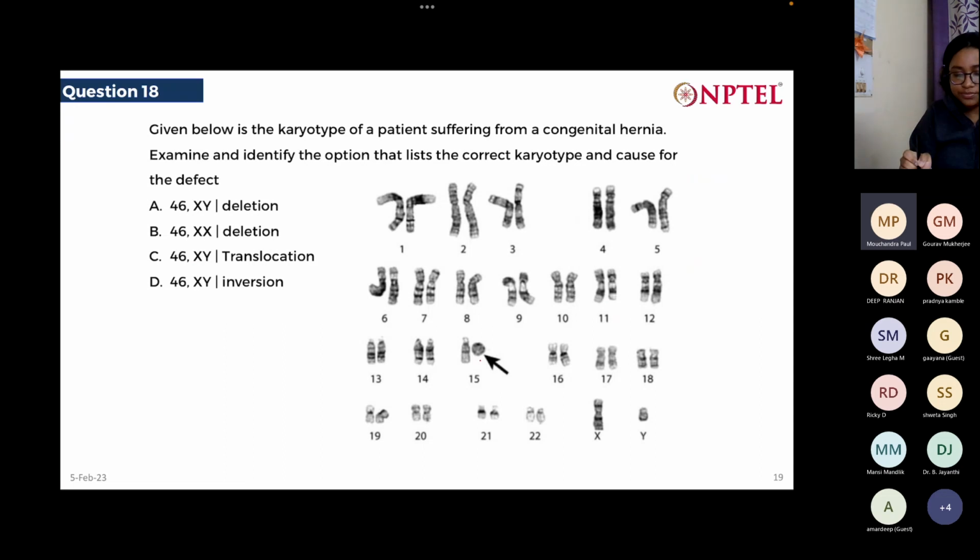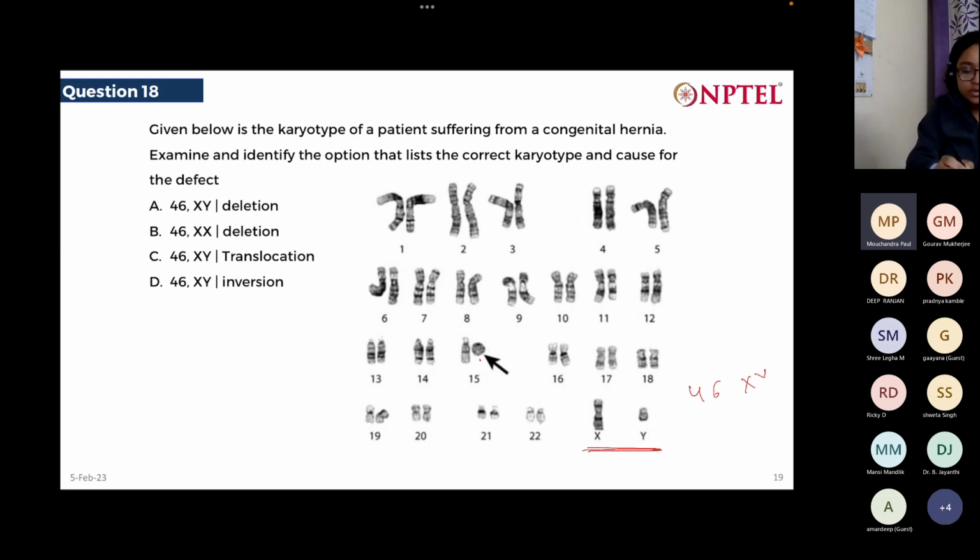Now, the karyotype of this person is male, correct? It has one X and one Y, and all pairs 1 to 22 are present. So we can write 46,XY for this person.